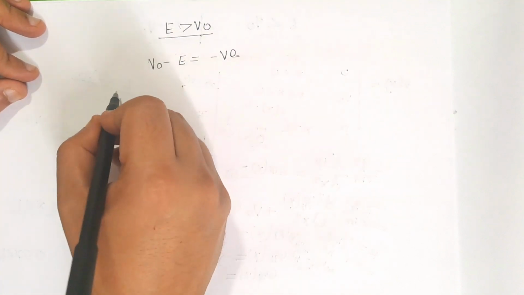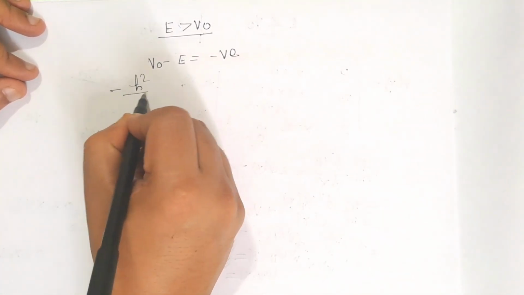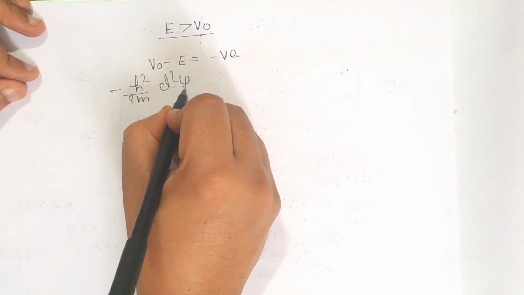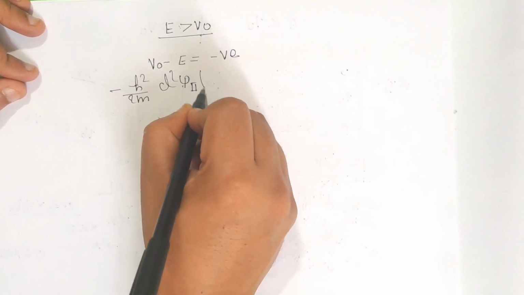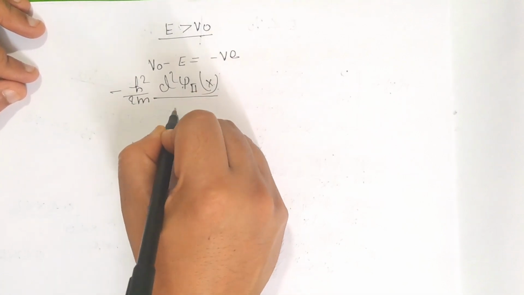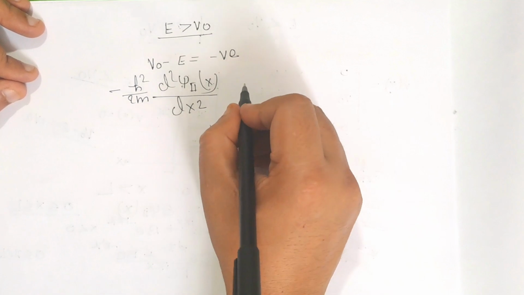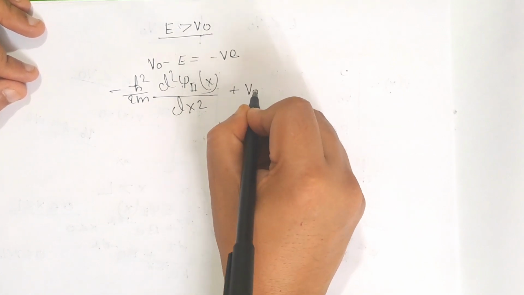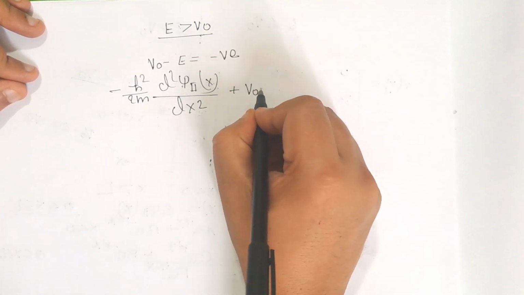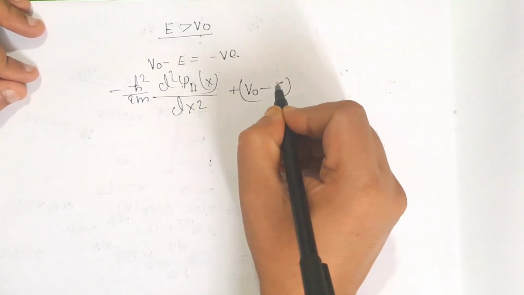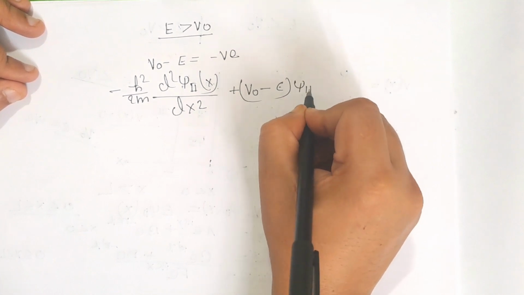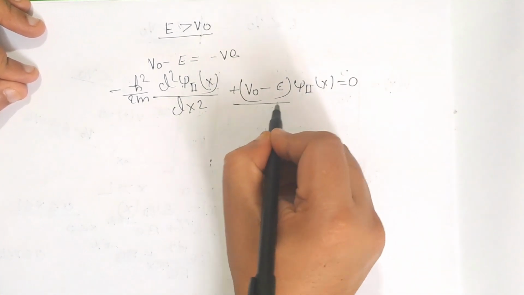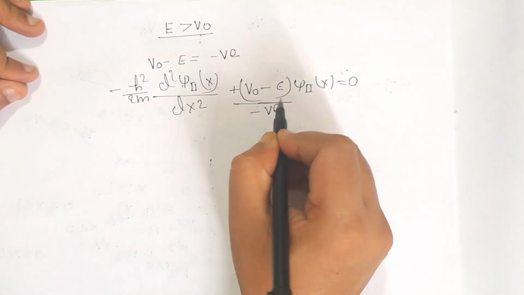It means minus h bar square by 2m d2 psi 2(x) divided by dx2 plus (V0 minus E) psi 2(x) is 0. Here V0 minus E is negative.